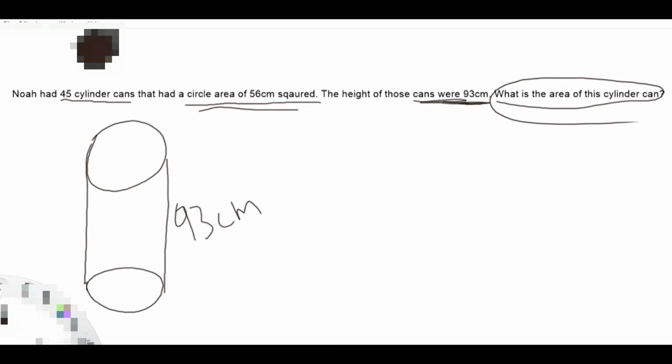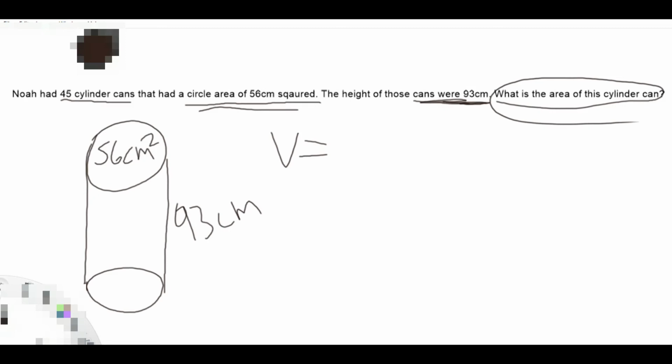And the circle area is 56 centimeters squared. So the problem already gave us the area of the circle. So all you have to do to solve is volume equals, it's much easier to use V equals. V stands for volume, like a variable.